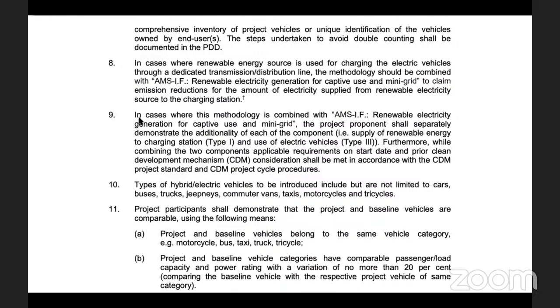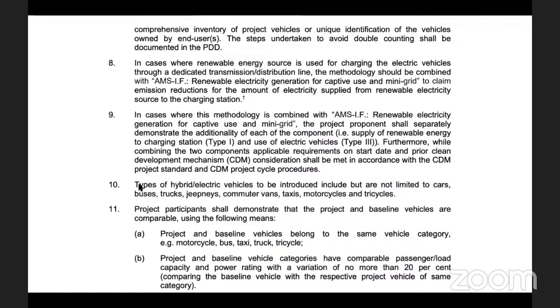In cases where this methodology is combined with AMS1F, the project proponent shall separately demonstrate the additionality of each of the components, for example, supply of renewable energy to charging station type 1 and use of electric vehicle type 3. Furthermore, while combining the two components, applicable requirements on start date and clean development mechanism CDM consideration shall be met in accordance with the CDM project standard and CDM project cycle procedure.